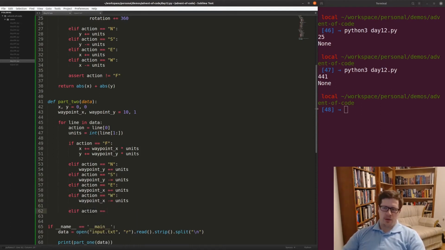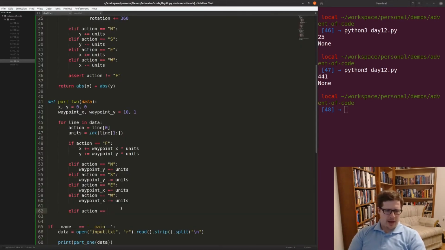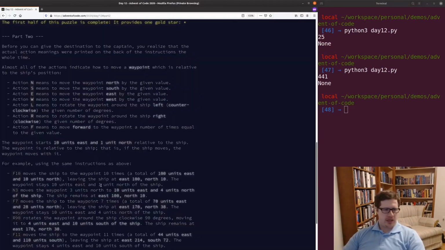Action equals left versus right. If the action equals left, then we're rotating the, let's just double check the rules here. We are rotating the waypoint around the ship left, counterclockwise, the given number of degrees.